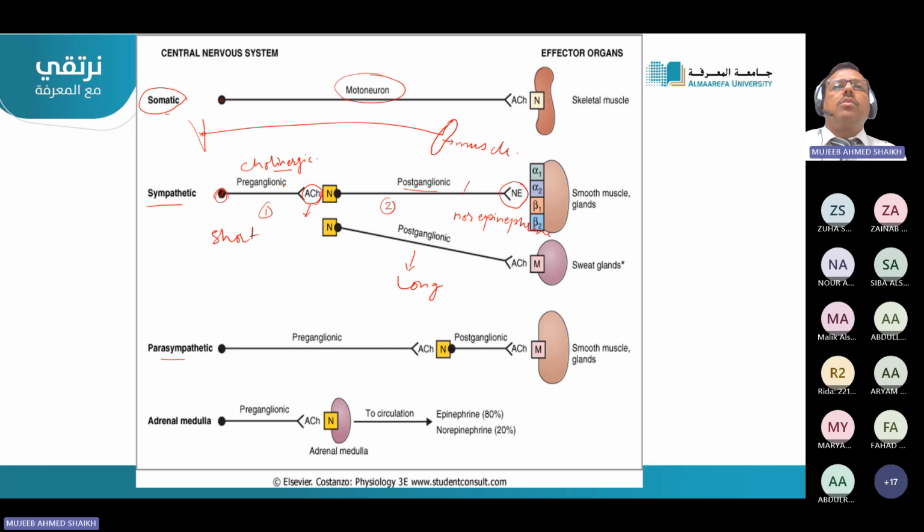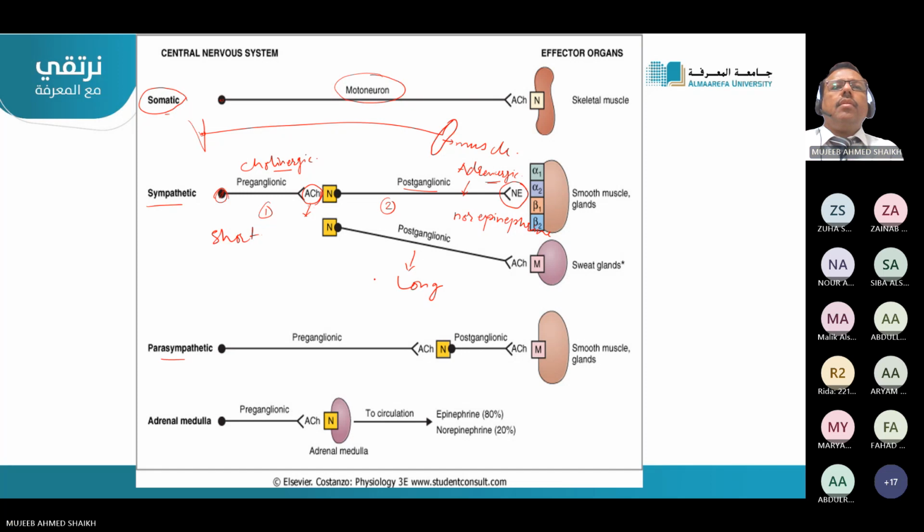Here it is cholinergic because it secretes acetylcholine. Here, as it is secreting norepinephrine, we call it an adrenergic fiber. It secretes either epinephrine or norepinephrine. Another term is adrenaline or noradrenaline.